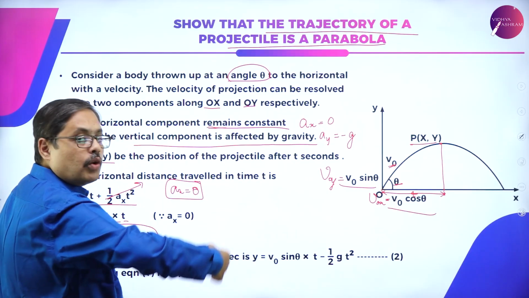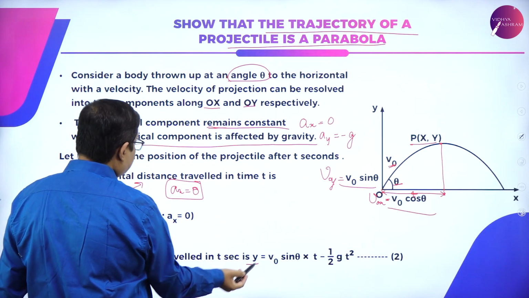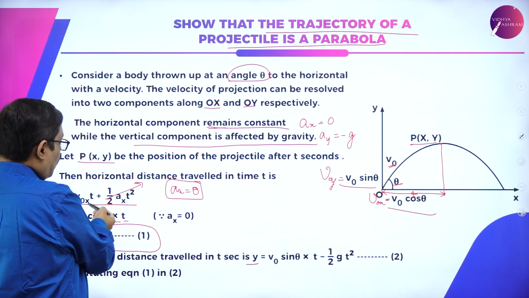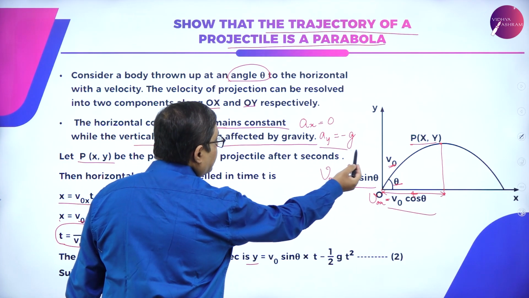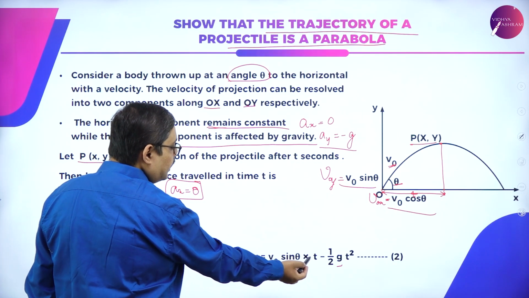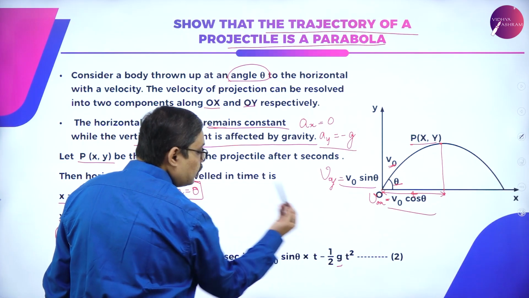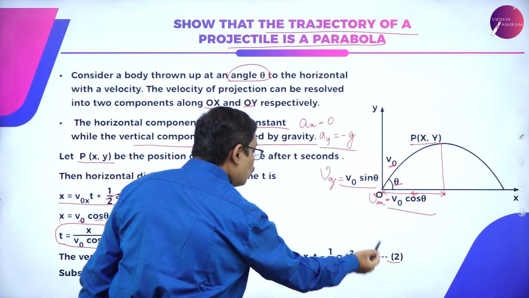Now let me find out the distance travelled in the vertical direction. y is given by, once again, v0y t plus half ay t square. We know that ay is given by minus g. So this equation becomes v0 sin theta into t minus half g t square. Let this be equation 2.